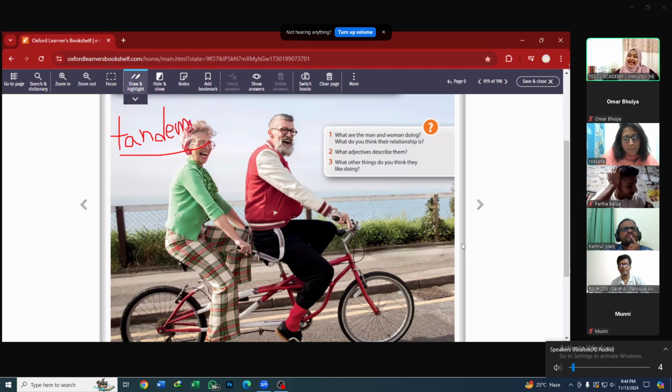Great. Okay. Then, what are the adjectives that you can use to describe them? We all know what adjectives are, right? It is the word that describes a person or a thing. So after seeing the picture, what are the adjectives that you think can be used for them? They are laughing, so that is a verb. So what type of person can they be?